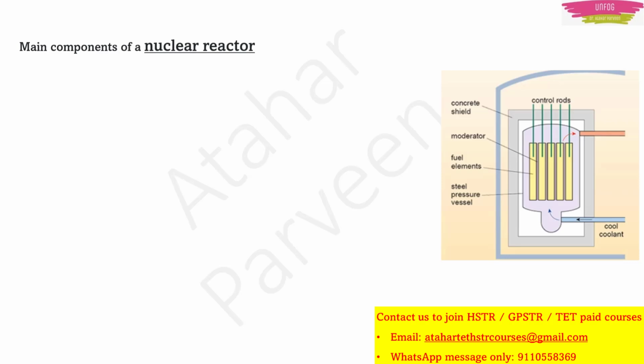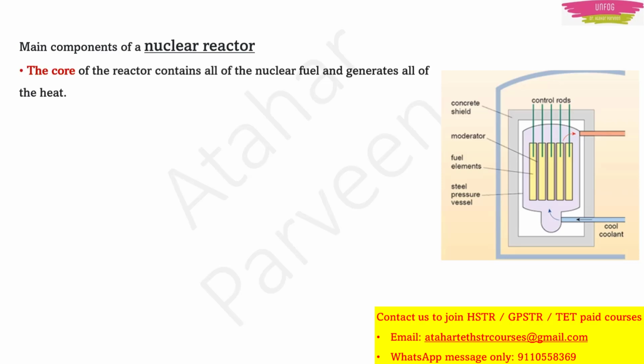I have displayed only half the figure of a nuclear reactor, which is important for you. You can see that this reactor has control rods, coolant, moderator, fuel, correct, and one steel pressure vessel and one concrete shield. That's all. Now let us see the components. Only these components we will discuss.